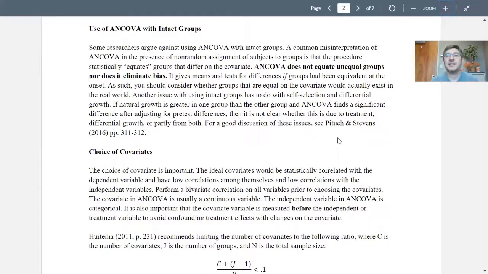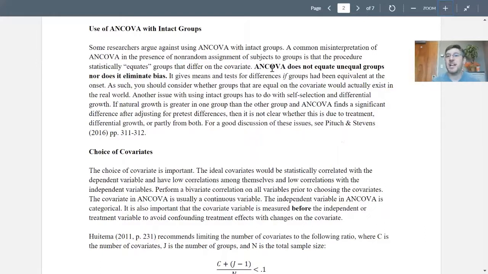It's mainly an argument that ANCOVA gives us a test of differences as if the groups had been equivalent on the covariate at the onset of the study. So in this case, you would want to consider whether groups that are equal on the covariate would actually exist in the real world.